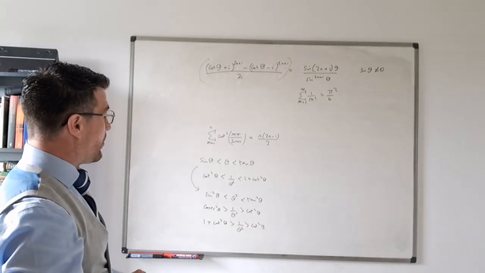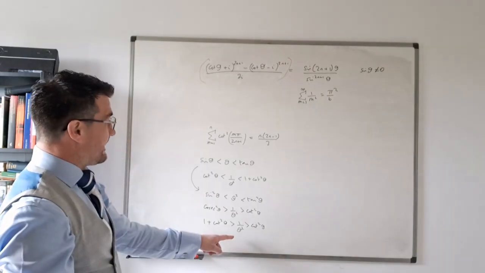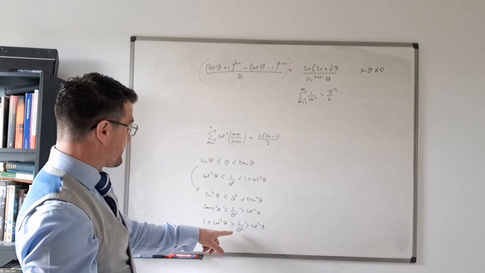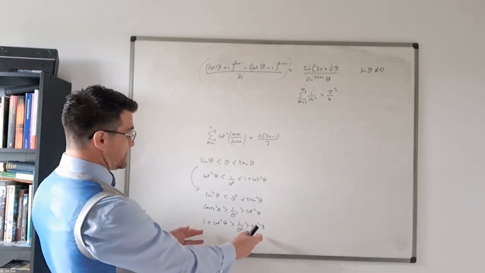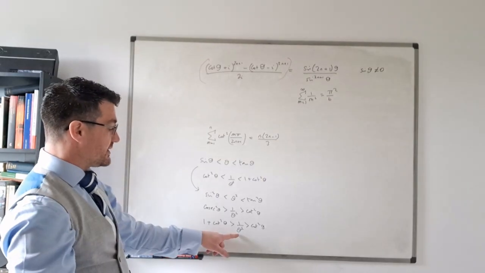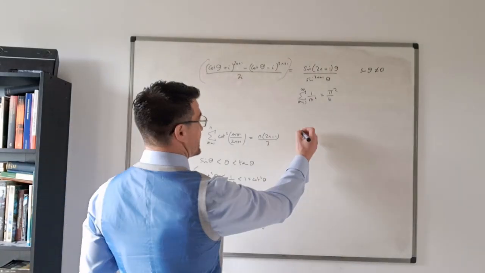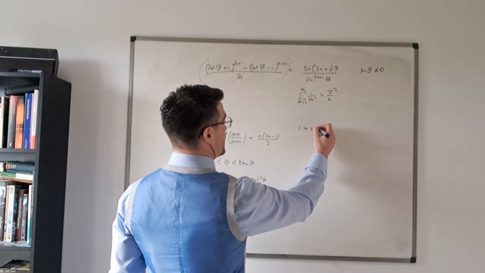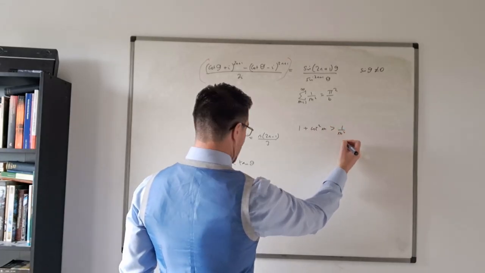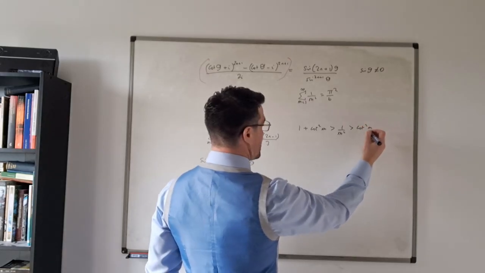So it might be tempting for you to do at this stage, because we've got this relationship here, 1 over theta squared, maybe you're thinking replace theta with m, right? Because then we'll get, for example, 1 plus cot squared m is greater than 1 over m squared is greater than cot squared m.